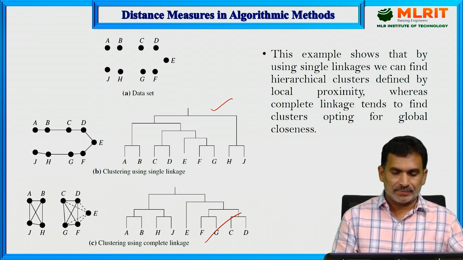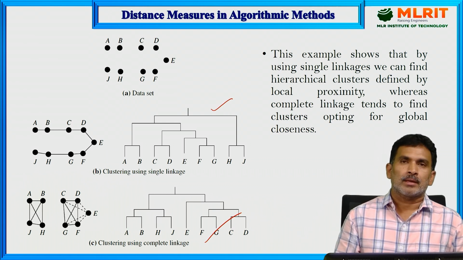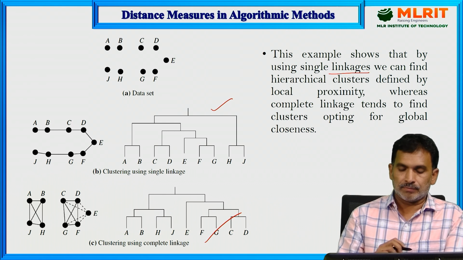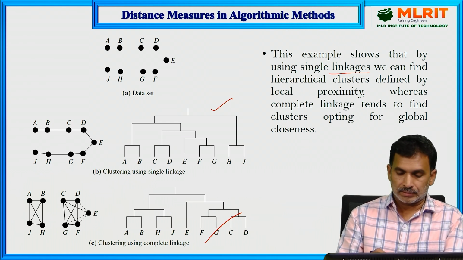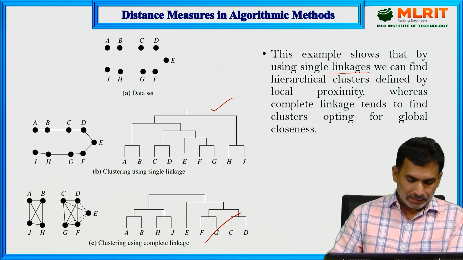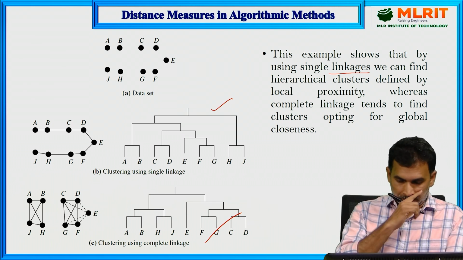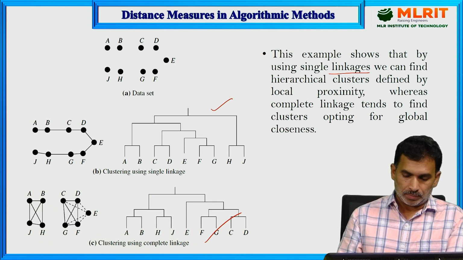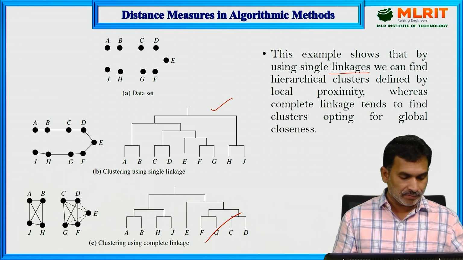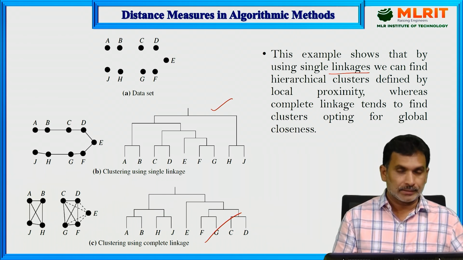This example shows that by using single linkage, we can find hierarchical clusters defined by local proximity, whereas complete linkage tends to cluster by opting for global closeness. That is the major difference between single linkage and complete linkage.